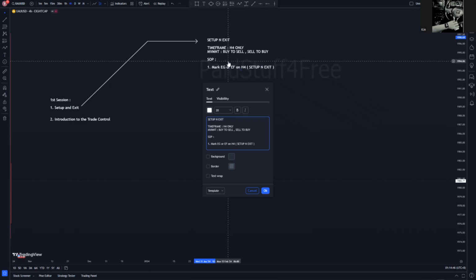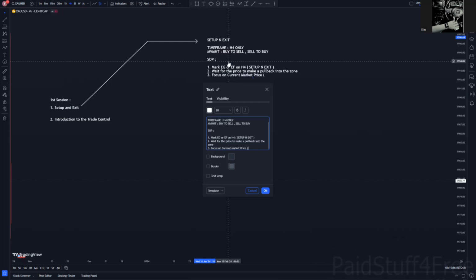The second one is that we need to wait for the price to make a pullback into the zone. Which zone? The zone that we've already marked on the H4 just now. And after the price has made a pullback into the zone, the third one is that we need to focus on the current market price.